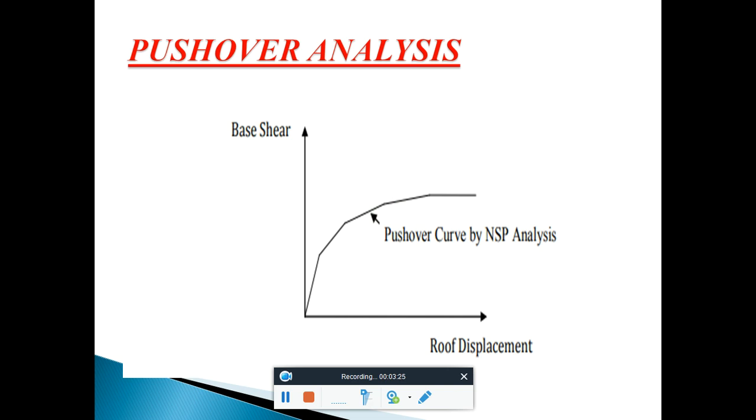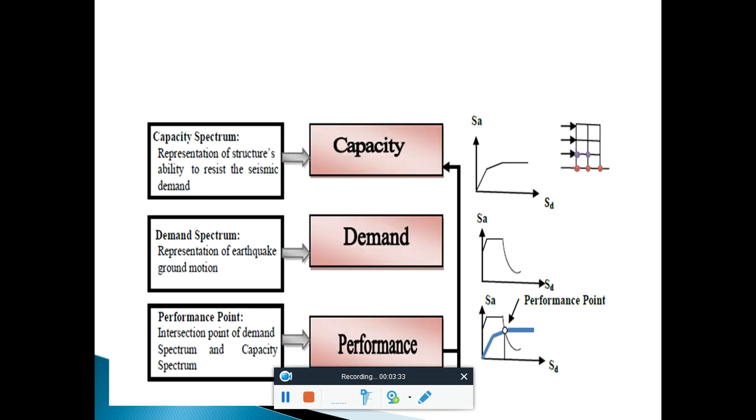Okay, a few more things, just take an overlook: capacity spectrum, demand spectrum and performance point. In simple words, capacity spectrum means the capacity of the structure to resist seismic demand. It means, up to this level I can resist.